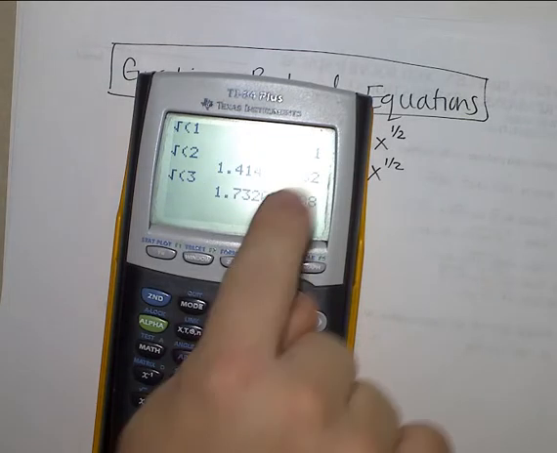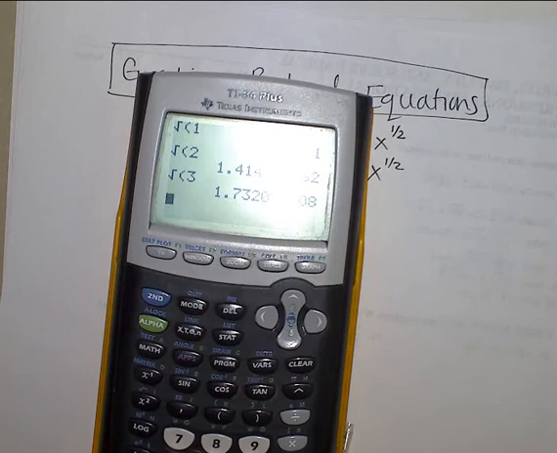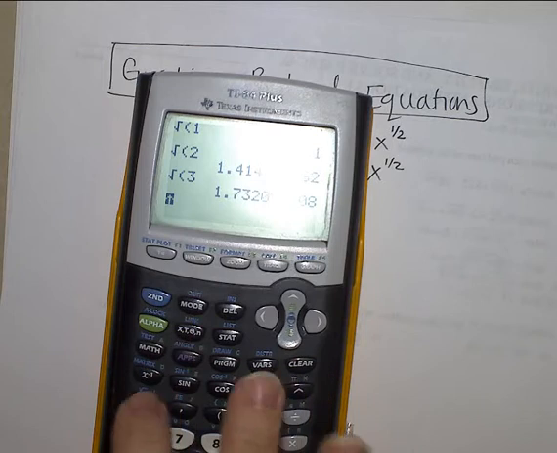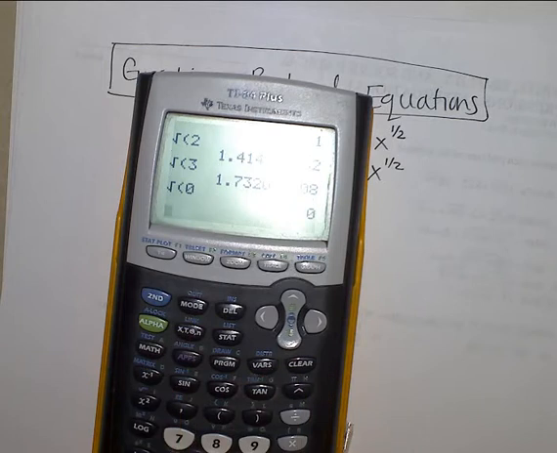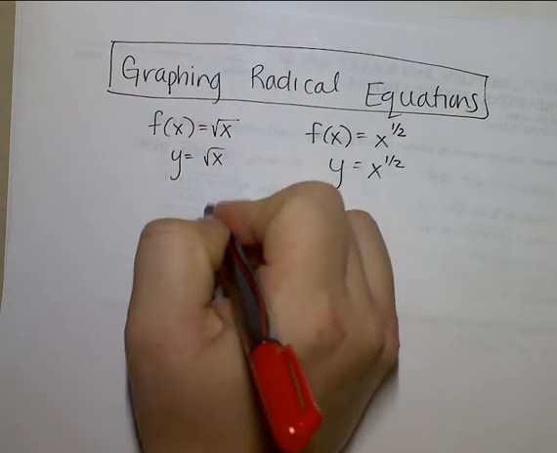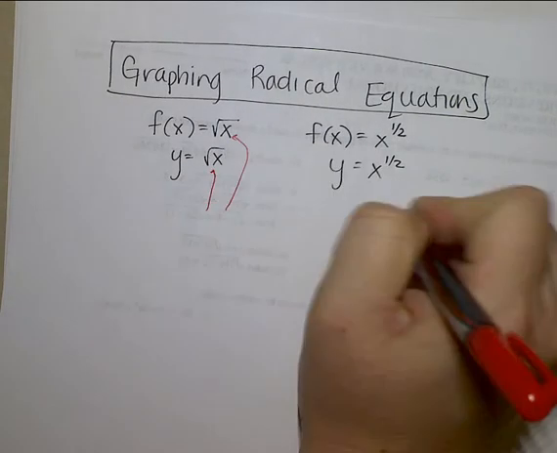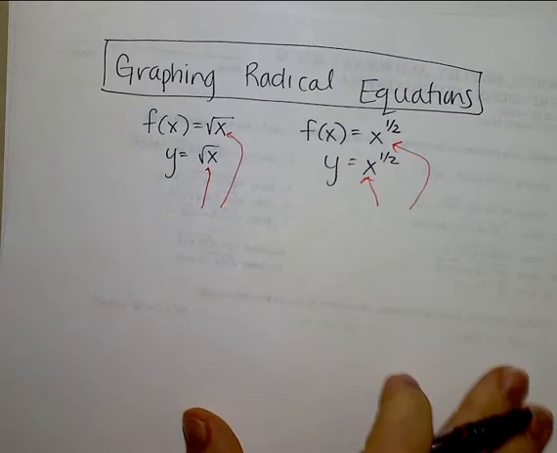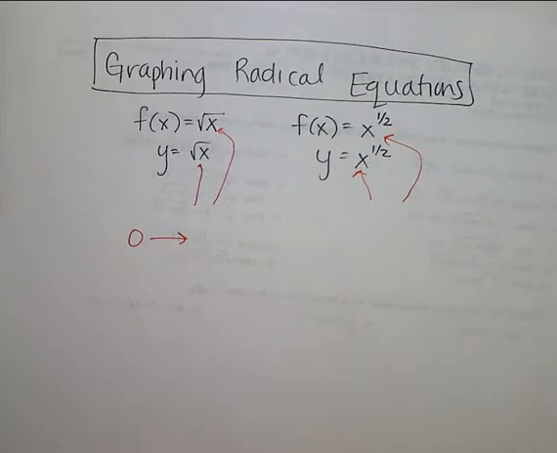1 is actually not the smallest number we can plug in and still get an answer that's real. Let's try 0. Square root of 0 is 0. So we can plug in, this is pretty important, the input it's called, 0 and any number above it.